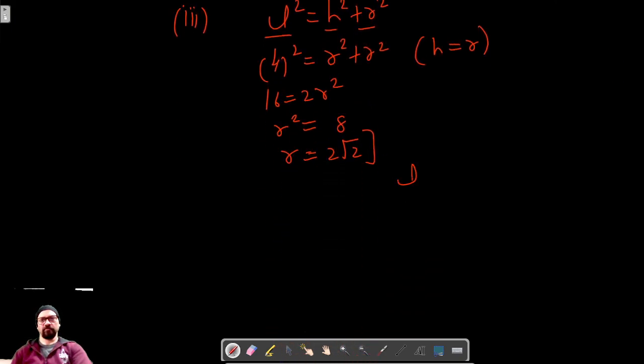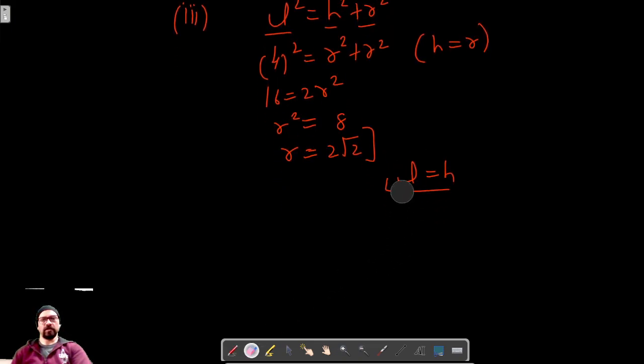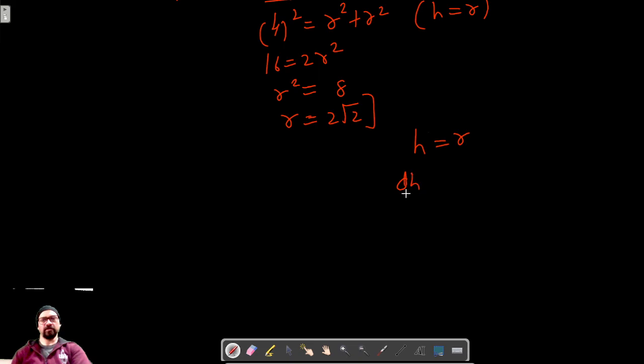Now we know that h is equal to r, and we have to find the rate of decrease of the height. If we differentiate this with respect to t, dh by dt is equal to dr by dt.